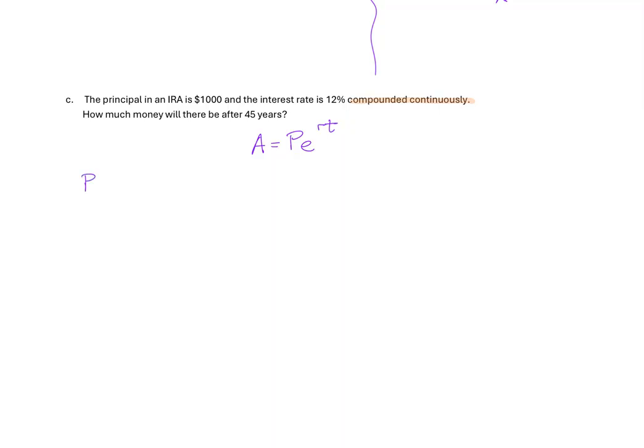So we have P is equal to 1,000. We have R is equal to 0.12. Again, we have to rewrite it as a decimal. And our time is going to be 45 years.